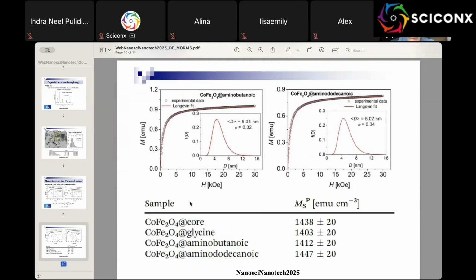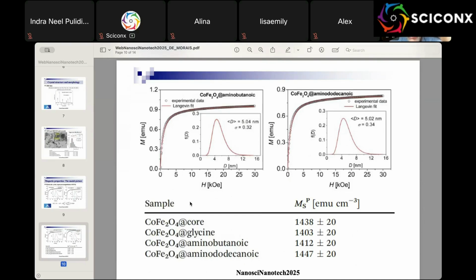Besides extracting the morphological data from fitting the magnetization data, we can also extract the saturation magnetization of the particle itself. So in the lower part, you can see the saturation magnetization of the particle in terms of EMU per volume.